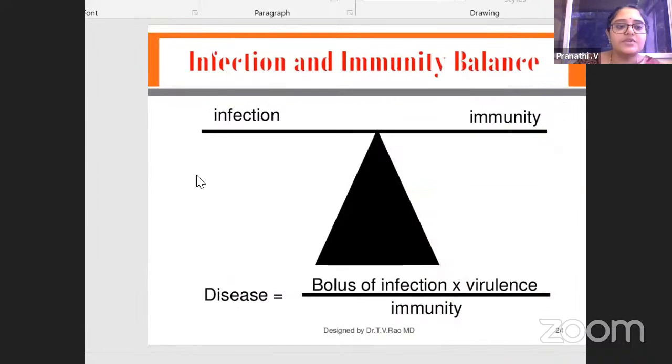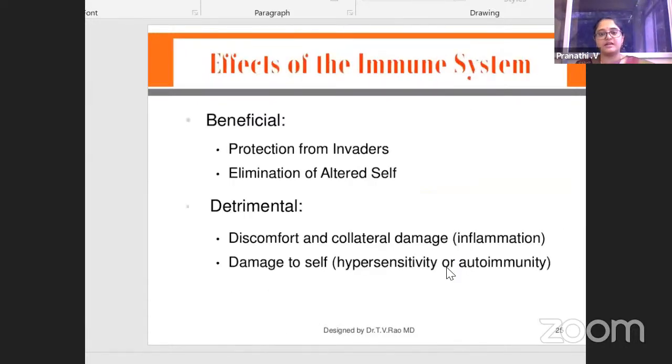And anyway, when it comes to infection and immunity balance, it depends on how much virulence there is and how much immunity there is. So what is the beneficial part of the immune system? We are being protected. Altered cells are first killed or eliminated.